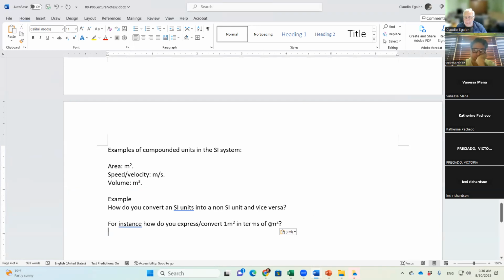I'll give you another minute to think about it. This is something that you should have learned in math, but I want to remind you that centimeter should be a lowercase c, not a capital C. And they call that the prefix centi, which is what cm stands for.